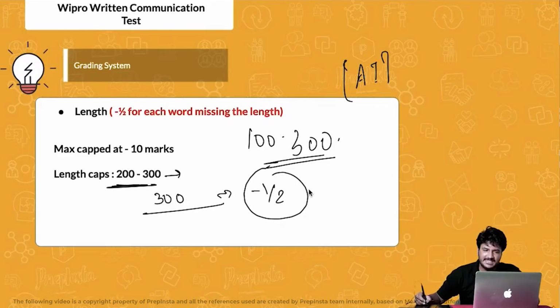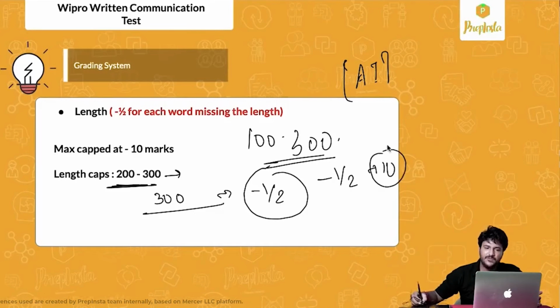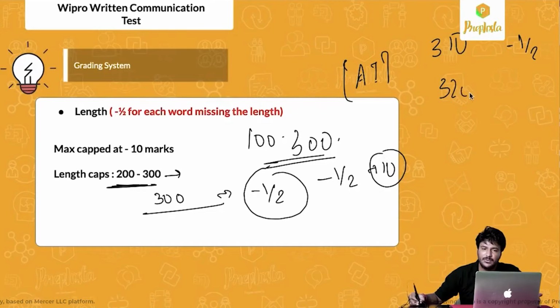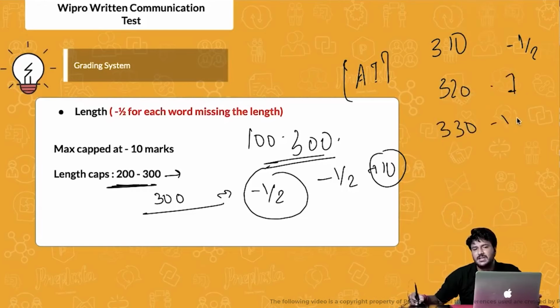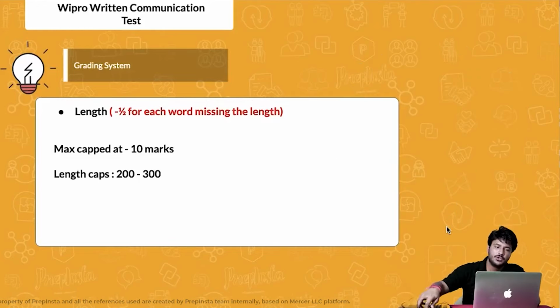We do not know the exact bifurcation, but maybe minus 1 by 2 marking per extra 10 words. So if you write 310 words, minus 1 by 2. If you write 320 words, minus 1. If you write 330 words, maybe 1.5 marks minus is given to you. Same for the lower side. If you write 190, minus 1 by 2. If you write 180, in that case, minus 1, and so on and so forth. So the length cap is at 200 and 300.